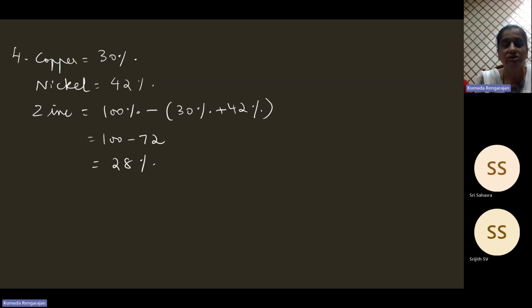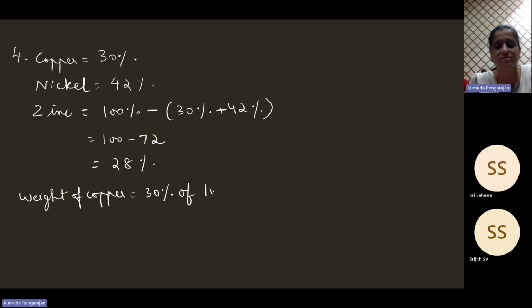So understand this. 1 kg is 1000 grams. 30% of 1000 grams is the weight of copper. This is not asked, but we'll answer everything. Weight of copper is equal to 30% of 1000 grams. Why 1000 grams? Because 1 kg is 1000 grams. And why are we doing 30% of 1000?